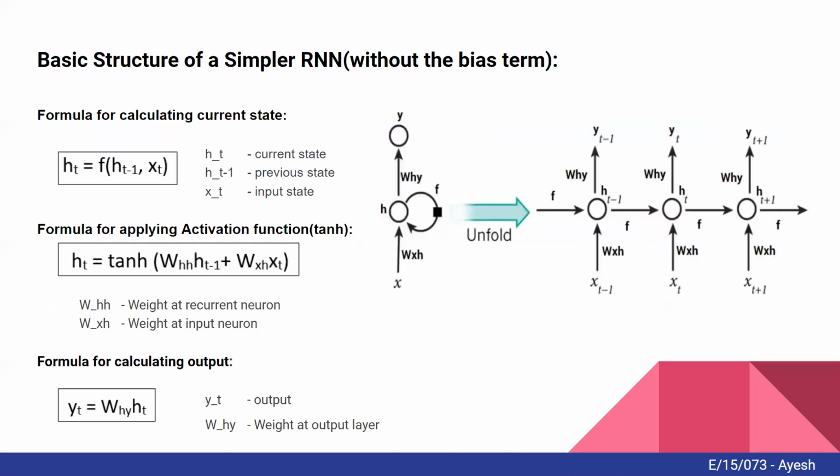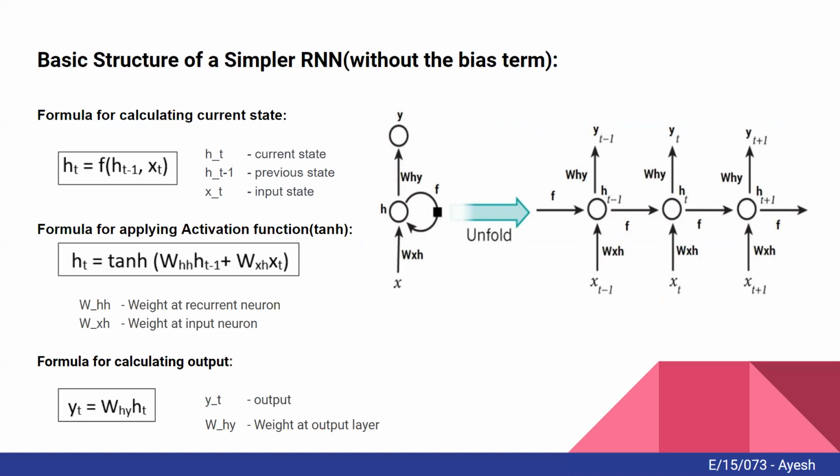I will give you the basic structure of the simple RNN network without the bias term. These are the formulas that we are using in this simple recurrent neural network, which explain that the current state is given as a function of the previous state and the input, as shown in this figure.